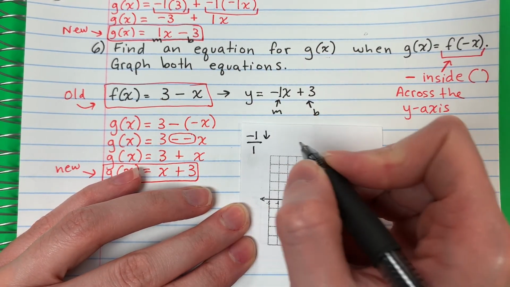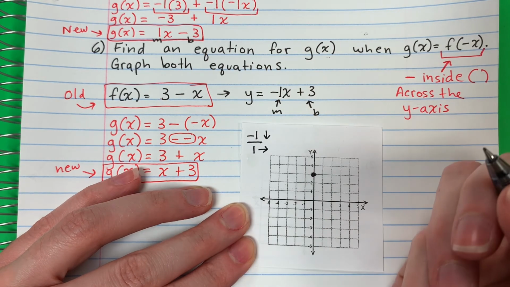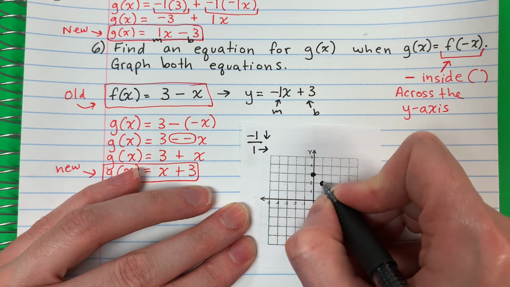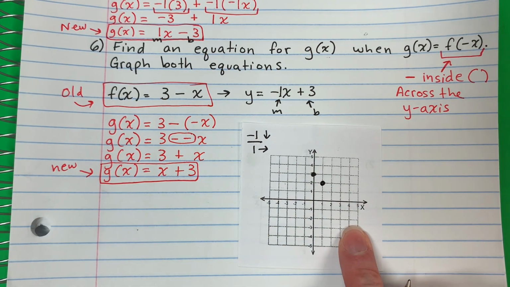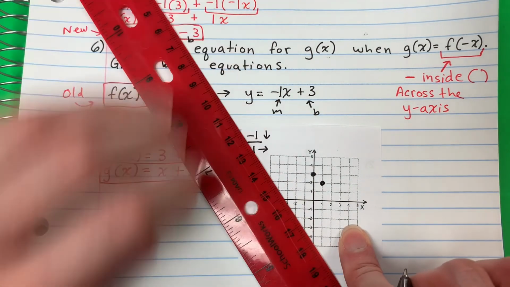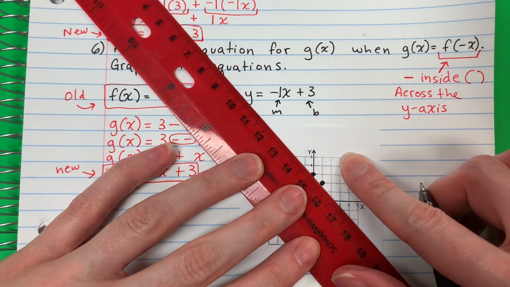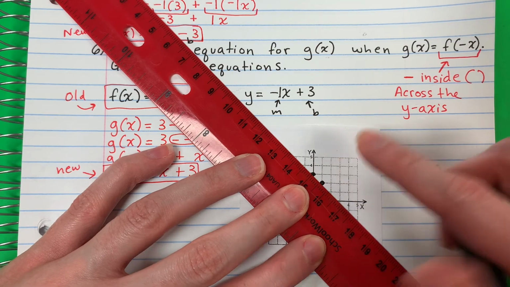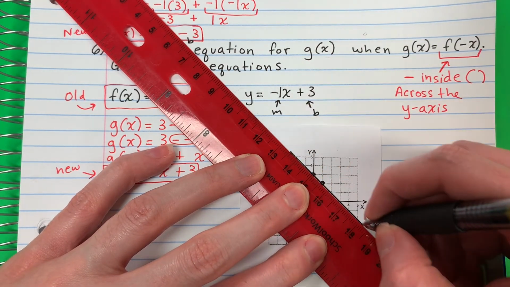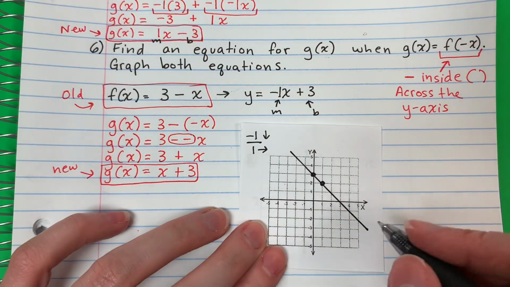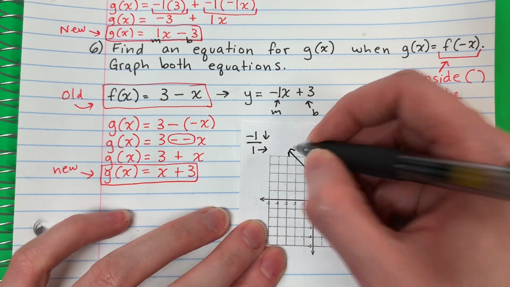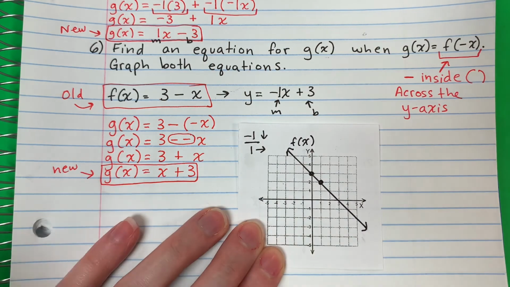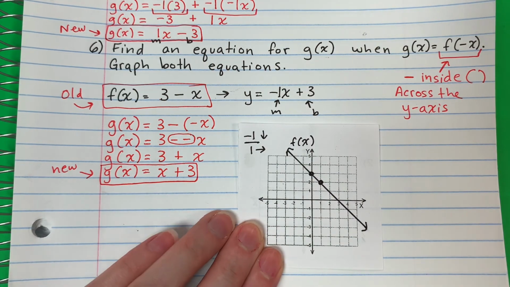Negative down, negativo abajo, and then this one is right, derecha. So down 1, right 1, line, línea. The name, el nombre, f of x.